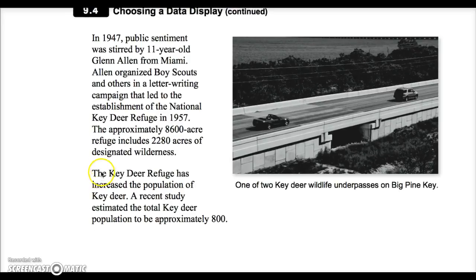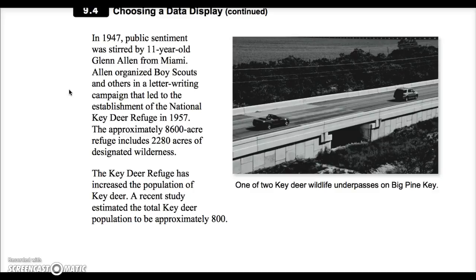Coming on down. The next page. In 1947, public sentiment was stirred by 11-year-old Glenn Allen from Miami. He organized Boy Scouts and others in a letter-writing campaign that led to the establishment of the National Key Deer Refuge in 1957. The approximately 8,600-acre refuge includes 2,280 acres of designated wilderness.